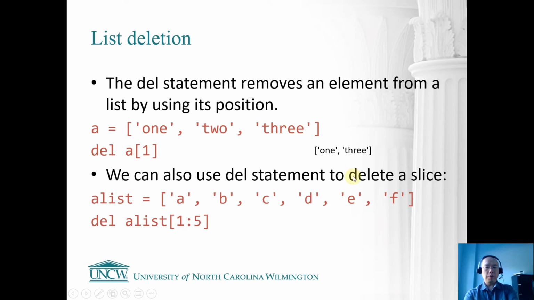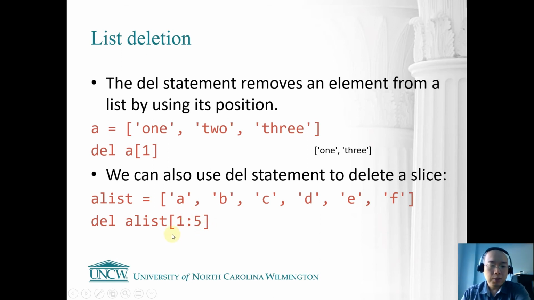Okay, and another way, which is even better: if you want to delete a chunk from the middle, at the beginning, or at the end, a slice of items from the list, you can use the same syntax. That is where to begin and where to end, and the start point is included and the end point is excluded.